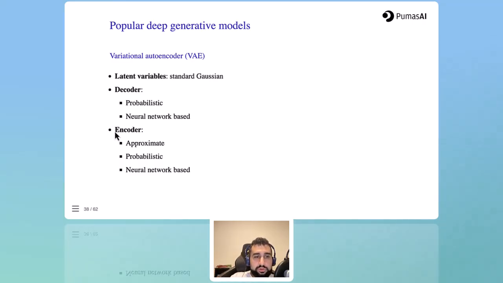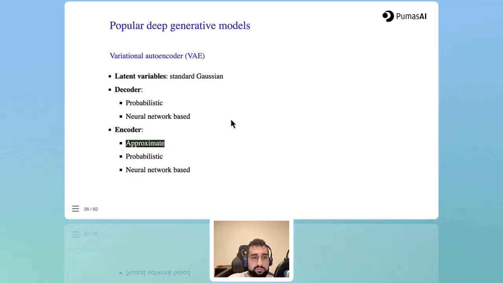Now the encoder, which as I said is just trying to solve the inverse problem, in variational autoencoders is approximate, meaning it uses the concept of amortized inference, where given some value y, we're trying to learn a function that gives us a distribution that approximates the posterior of eta given y, right?